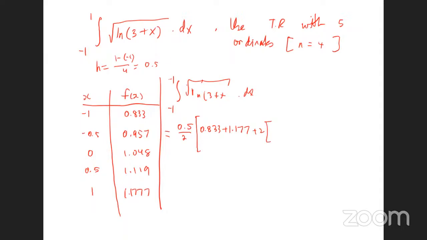It's a good exercise for homework: prove the formula. See if we can prove the formula. 2 times 0.957 plus 1.048 plus 1.119.